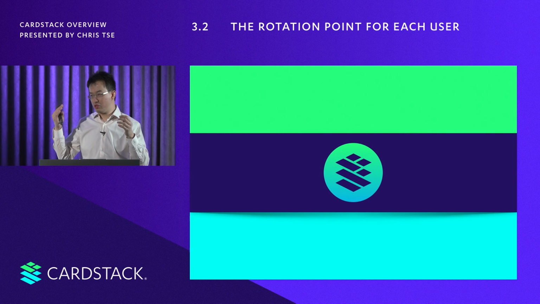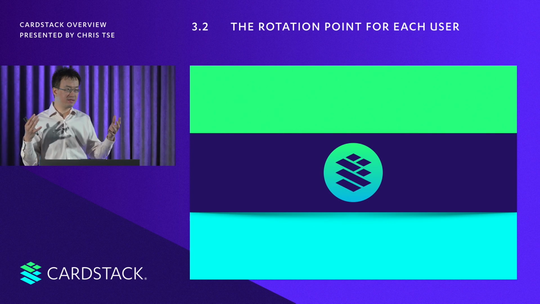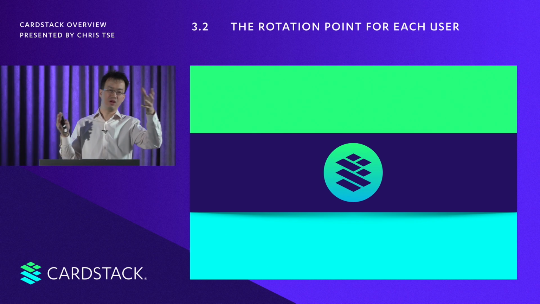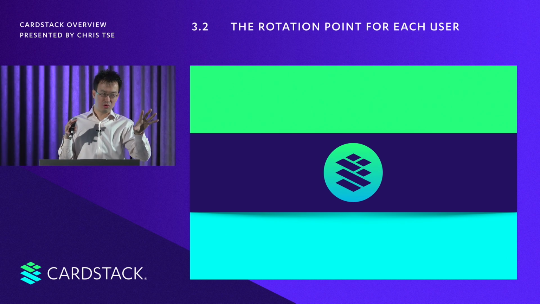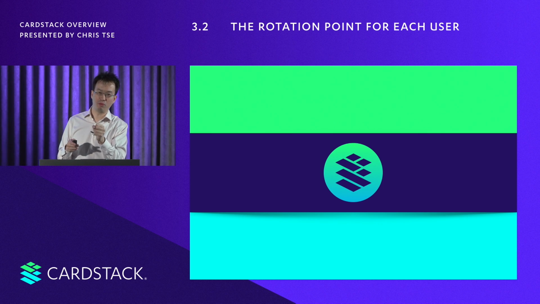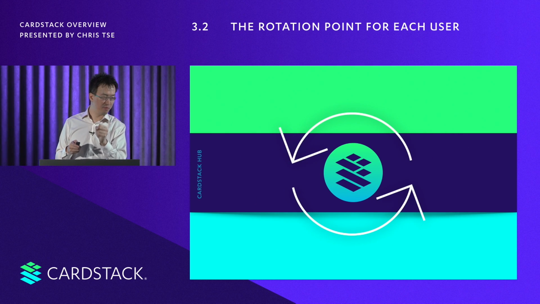Now, to do this, we need to isolate the part that is actually moving back and forth between the cloud, the blockchain, and your local machine, or desktop otherwise. And this part is what we call the rotational point for each user, which is the hub of the user's life around these cards.